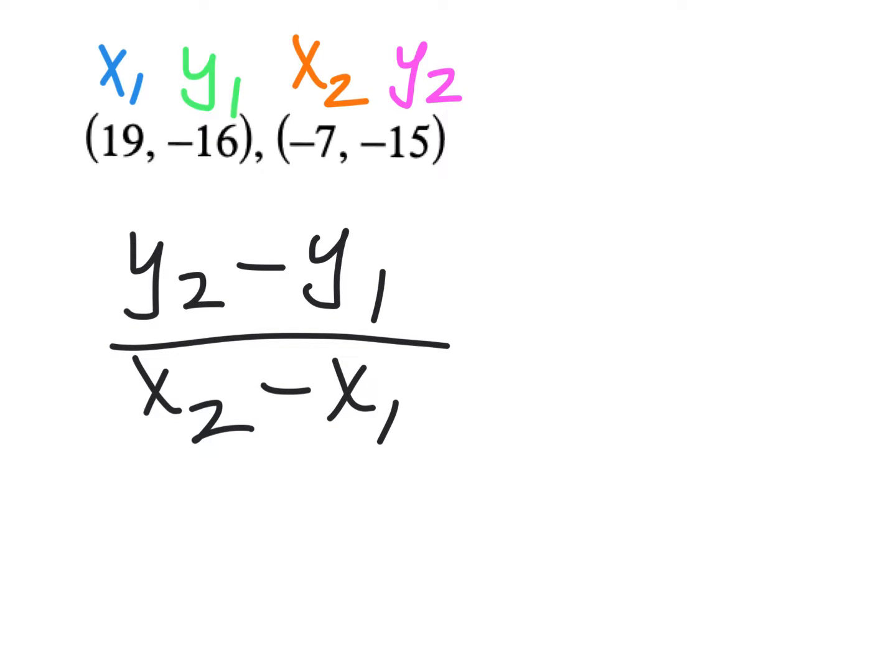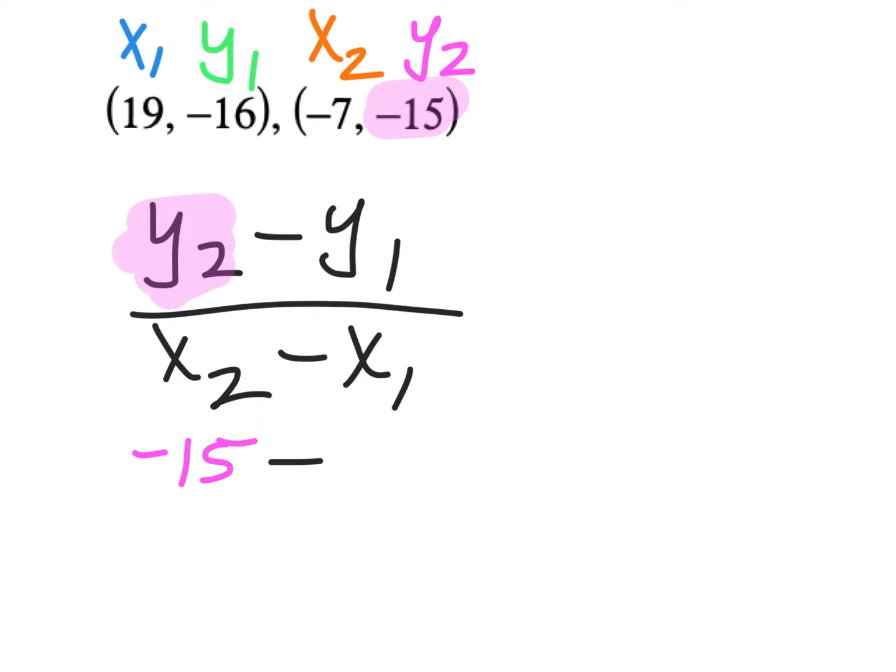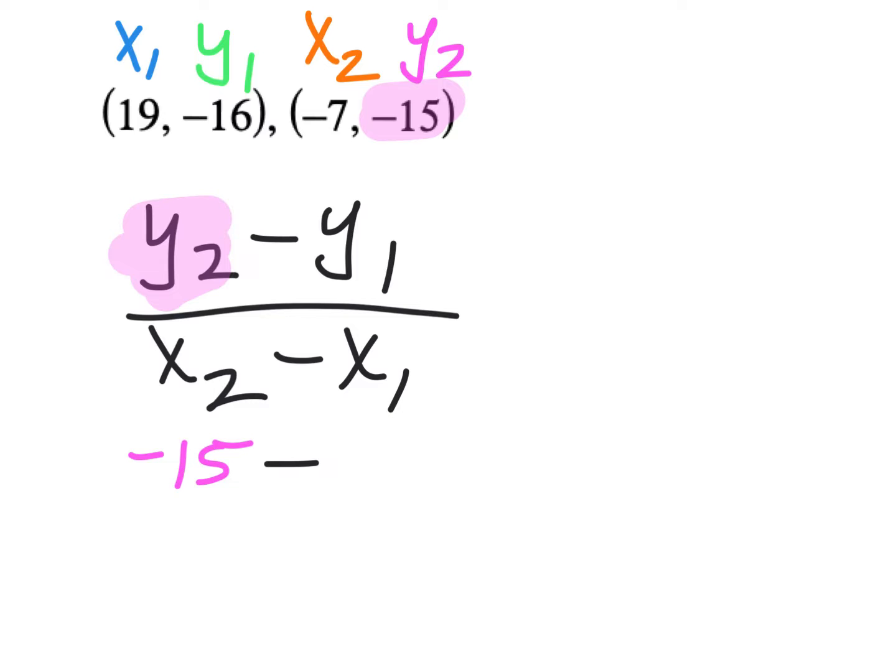So we're going to substitute y2, so our second y coordinate, into the formula. I'm going to bring down the subtraction that's part of the formula. And what am I going to subtract from that y coordinate? I'm going to subtract the y1, which is right there. Now notice that's not just a 16, that's a negative 16 that I need to put in there.